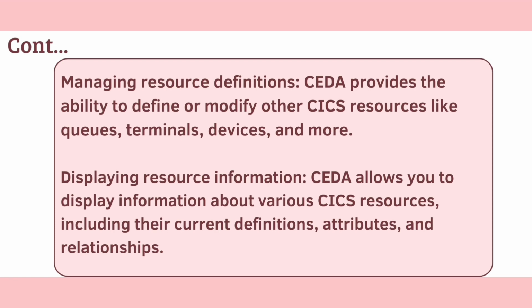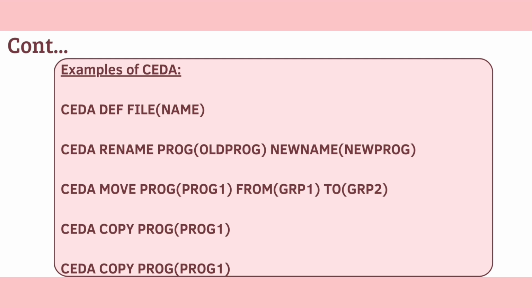CIDA provides the ability to define or modify other CICS resources like queues, terminals, devices, and more. Next is displaying resource information. CIDA allows you to display information about various CICS resources, including their current definitions, attributes, and relationships. Here I have given an example for CIDA transactions. Please go through it.